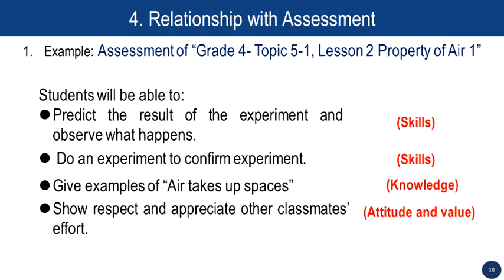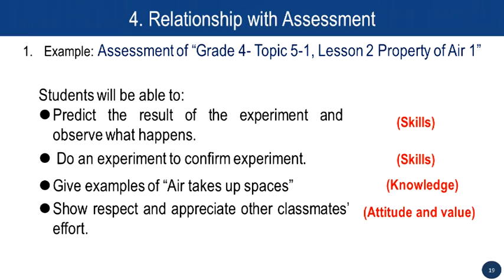It comes under skills. 2. Do the experiment to confirm the prediction. The skills are being assessed. Third, give examples of air taking up space is knowledge, and show respect and appreciate other classmates' effort is attitudes and values.